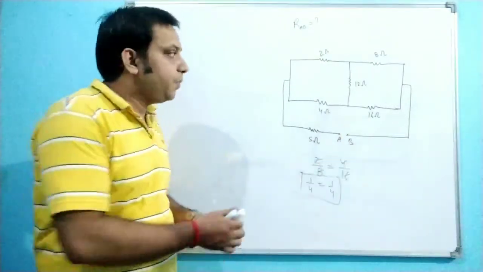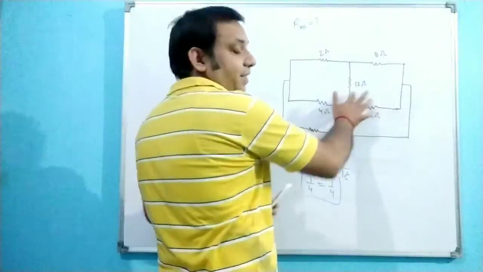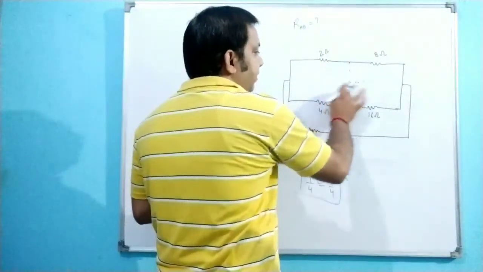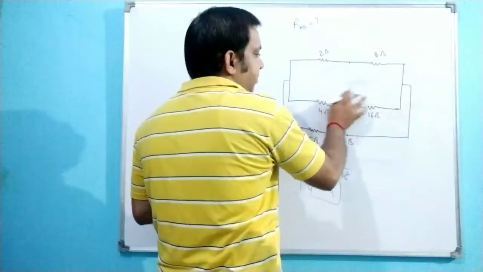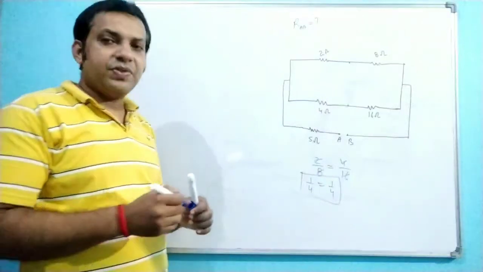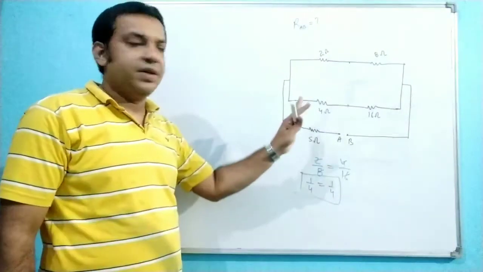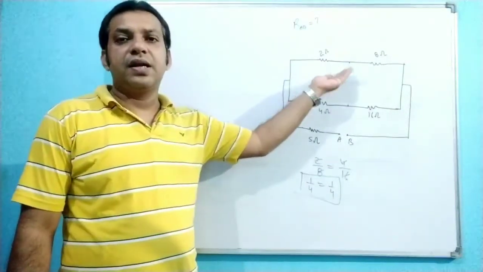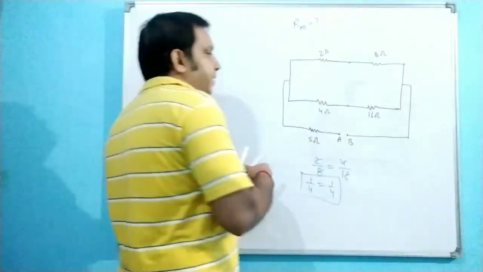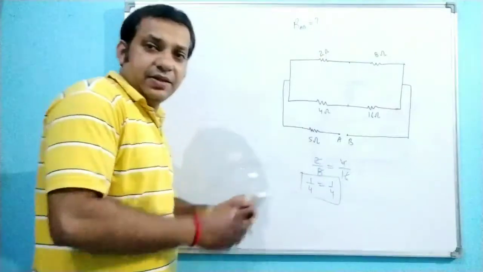So this 12 ohm resistor means nothing in this circuit. You can simply remove or erase this resistor. Now this circuit is quite simple. You can find the R net across this AB terminal. How can we find it? You can see here, I am erasing this one.